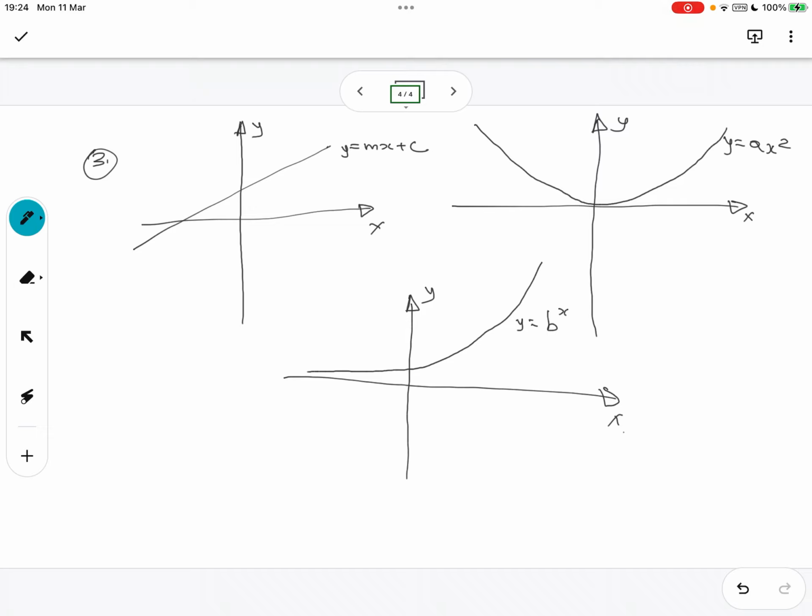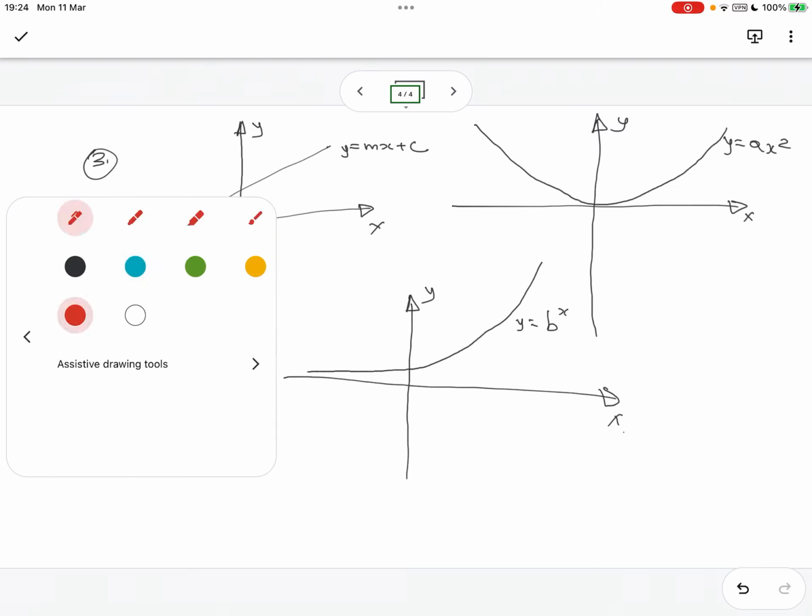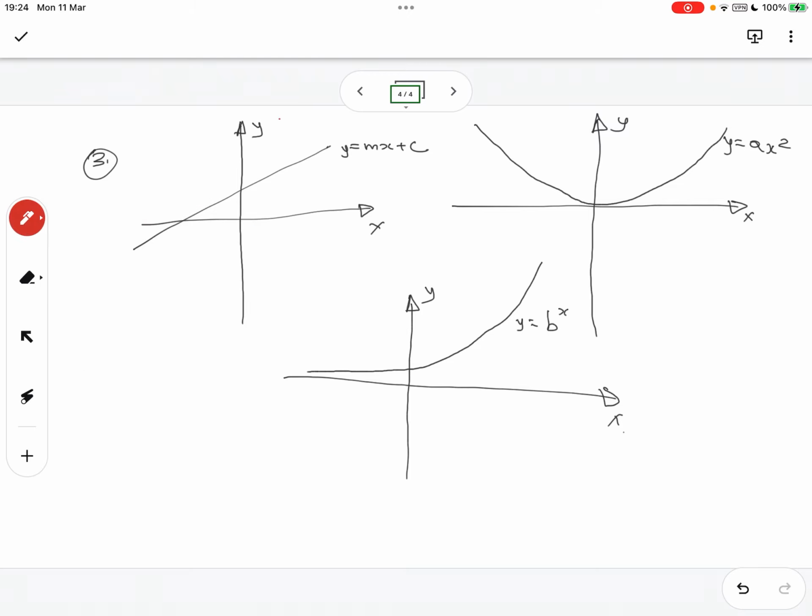These functions, we can only determine them with one test, and that test is called a vertical line test.